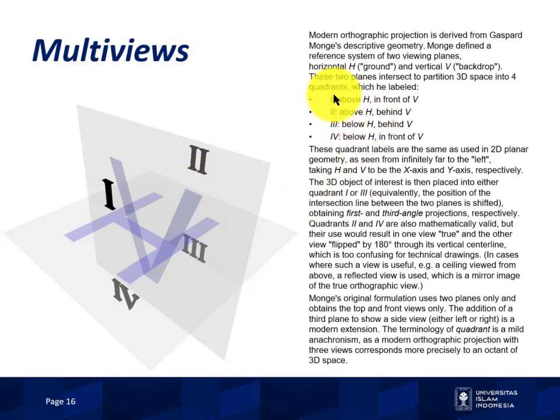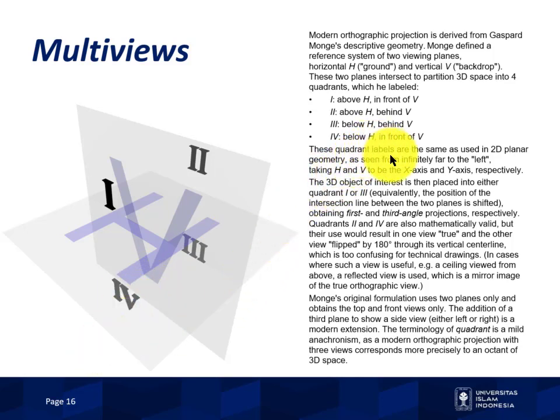These two planes intersect to partition 3D space into four quadrants, which he labeled quadrant 1 above H in front of V, quadrant 2 above H behind V, quadrant 3 below H behind V, and quadrant 4 below H in front of V.